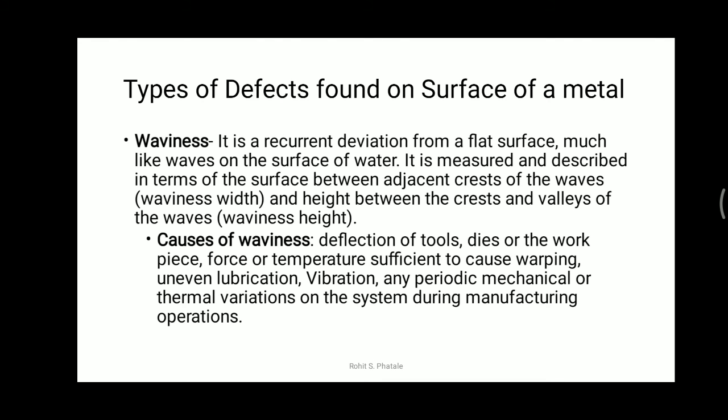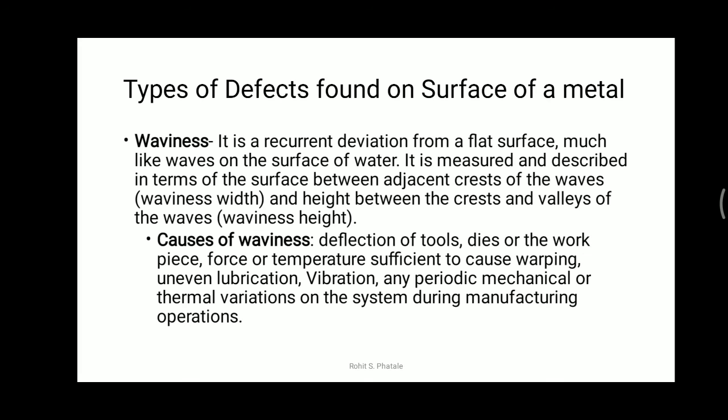What are the causes of this waviness? Defects in tools, dies or workpieces, force and temperature sufficient to cause warping, uneven lubrication, and vibration, meaning any periodic mechanical and thermal vibrations in the system during the manufacturing operation.